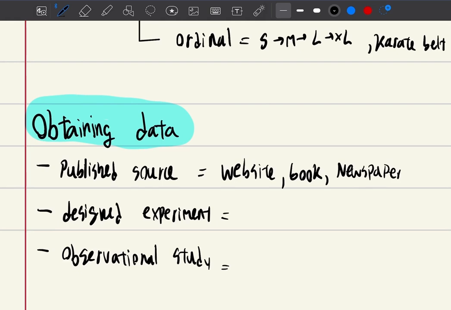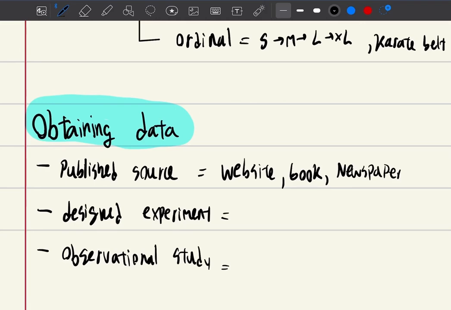The designed experiment is an experiment where the researcher fixes the characteristics of the experimental unit and the environment around it.